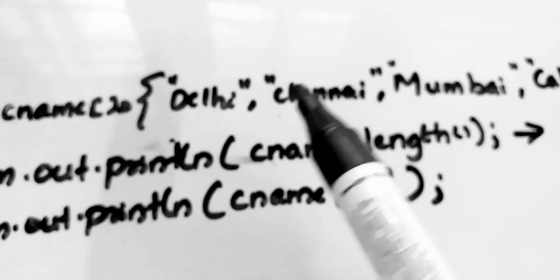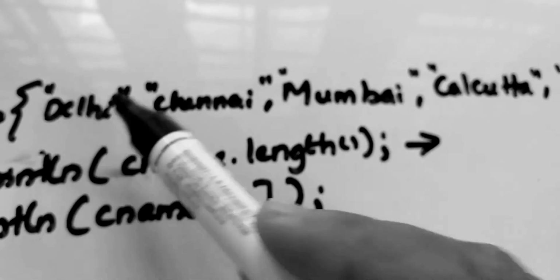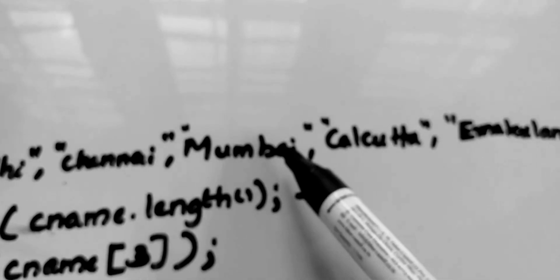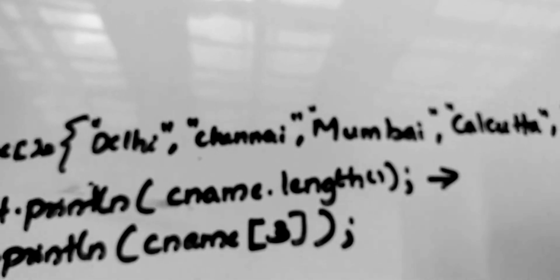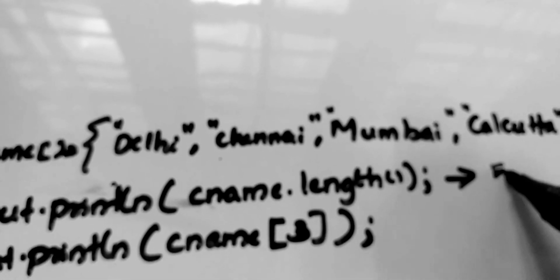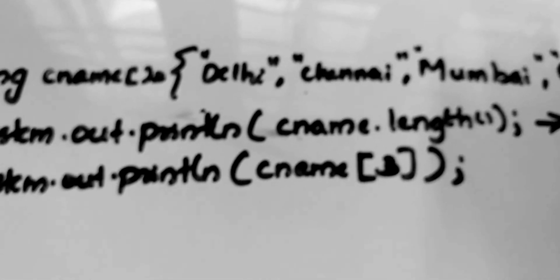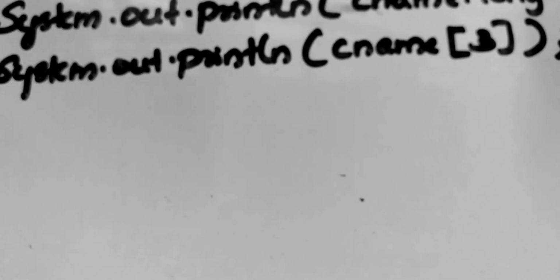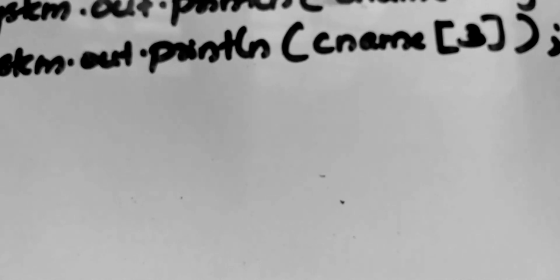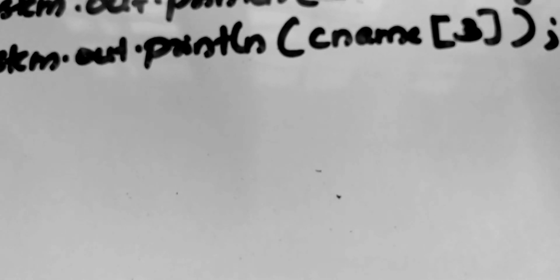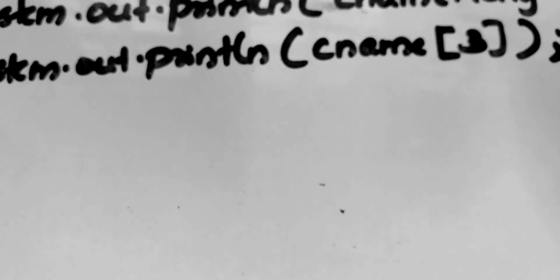So how many elements are in this array? That is 1, 2, 3, 4, 5. So the length of the array is 5.